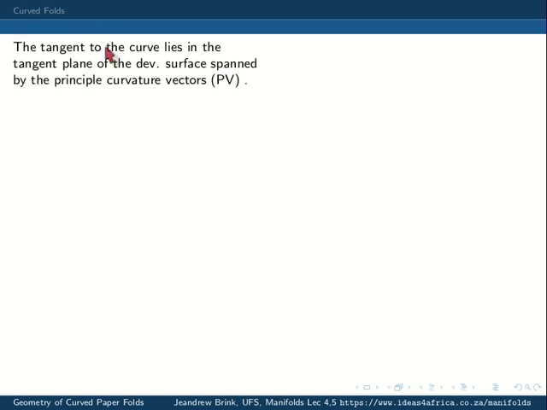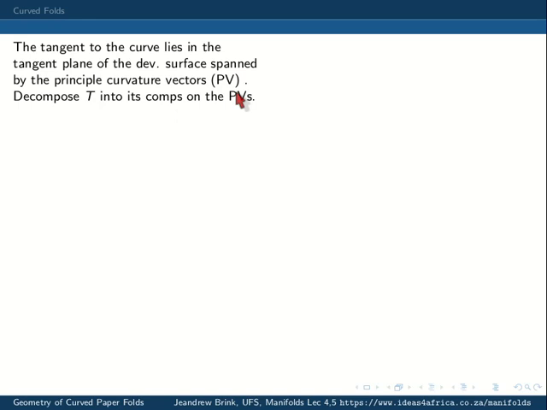The tangent to the curve lies in the tangent plane of the developable surface. That's just saying the tangent lies in the surface. That plane we can span by the principal vectors of the surface, namely Q and R. I'm just going to shorten principal vectors to PV.